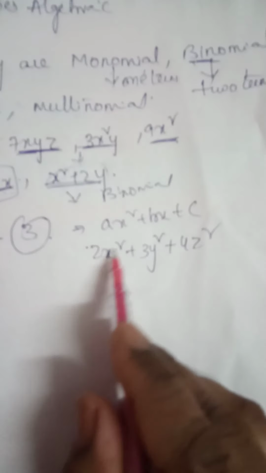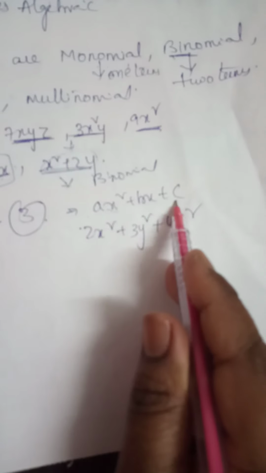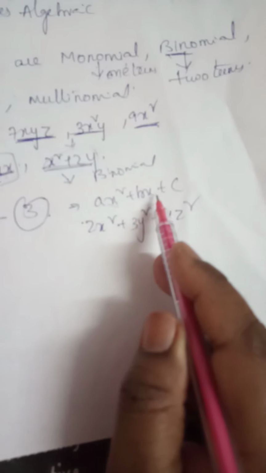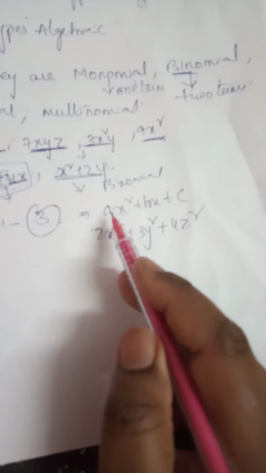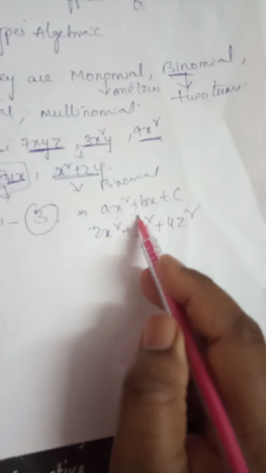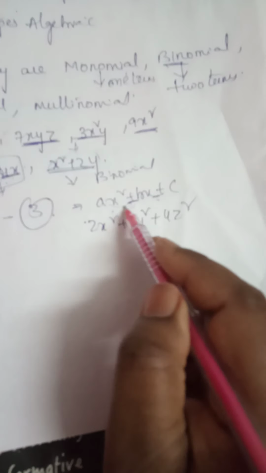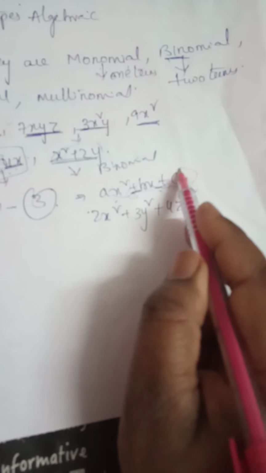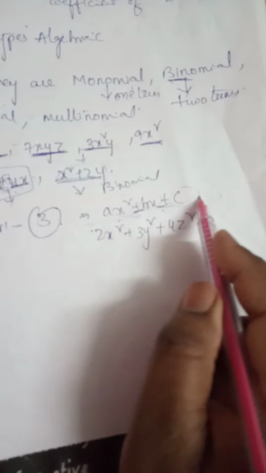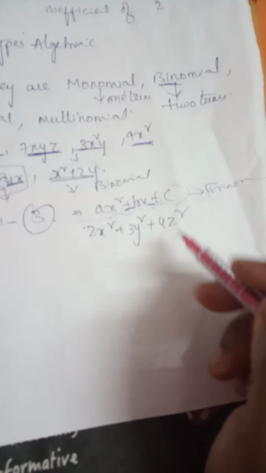Here ax square, bx, and c are the three terms, joined by plus signs, and x is acting as the variable. This is the first term, this is the second term, this is the third term. These three terms represent a trinomial expression.